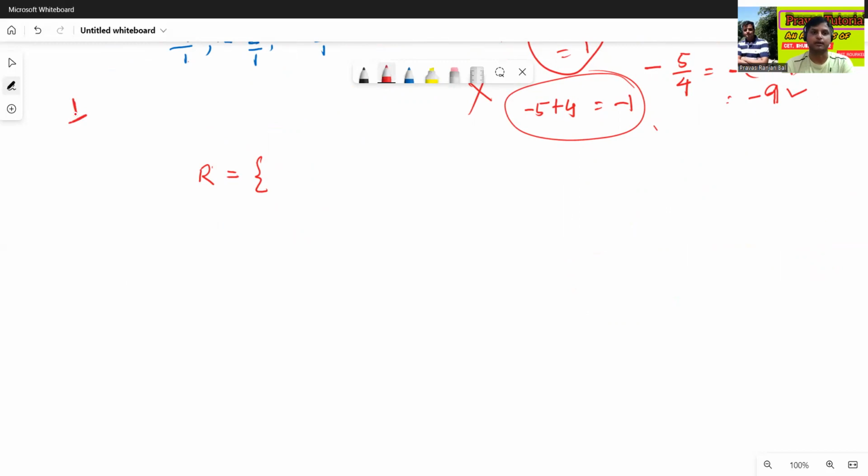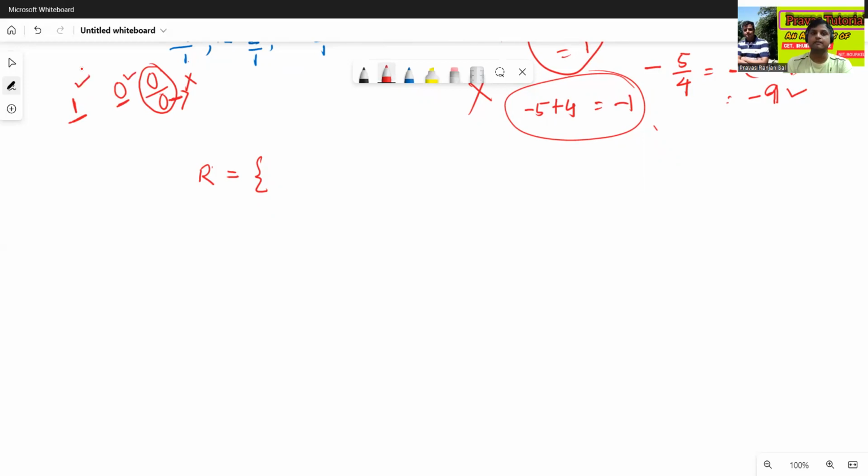Why don't we think of adding to 0? How to get 0? There is only one possibility, 0 by 0. 0 by 0 is not a real number, because here the Q value equals 0. So 0 by 0 is not a number. So we'll start from 1.